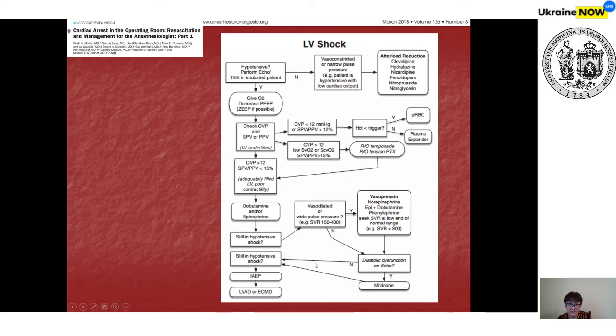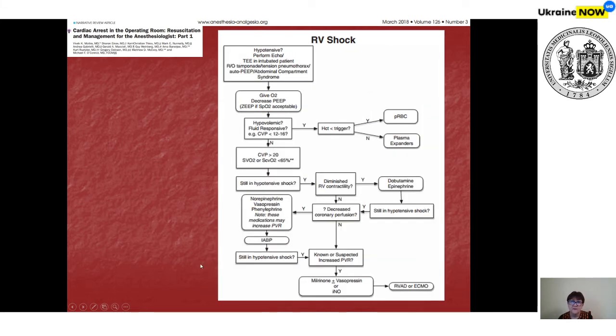In severe cases, when all medicaments failed to treat such state, it can be considered intra-aortic balloon compression, left ventricular assisting device, and extracorporeal membrane oxygenation. And these protocols, the recommendations for treatment of patients with right ventricular shock.